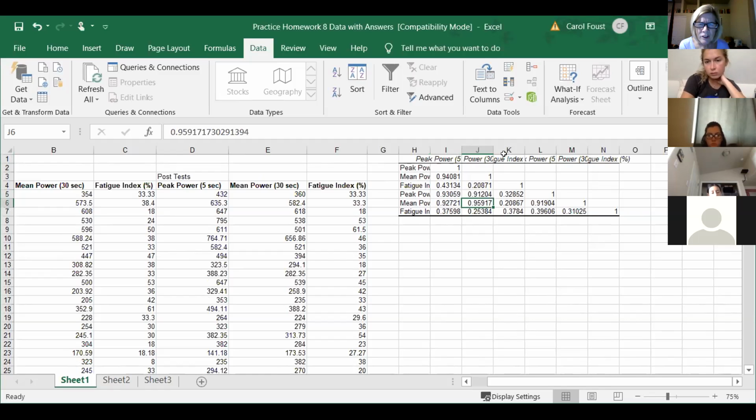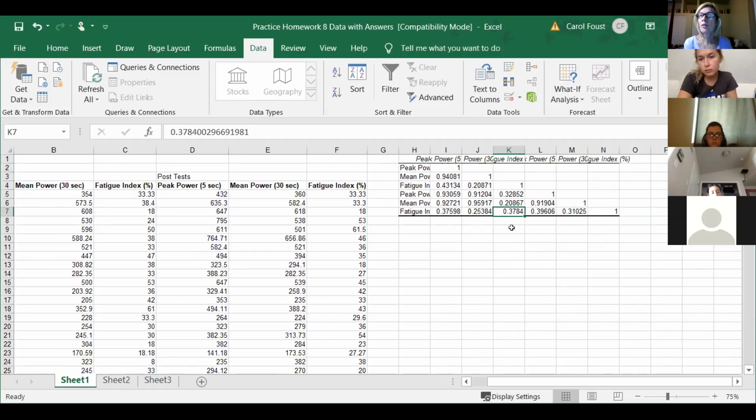Then we're going to look at fatigue index against fatigue index. That's 0.37. What do you guys think about that one? Yeah, it's not so good. That would affect my confidence in the reliability.